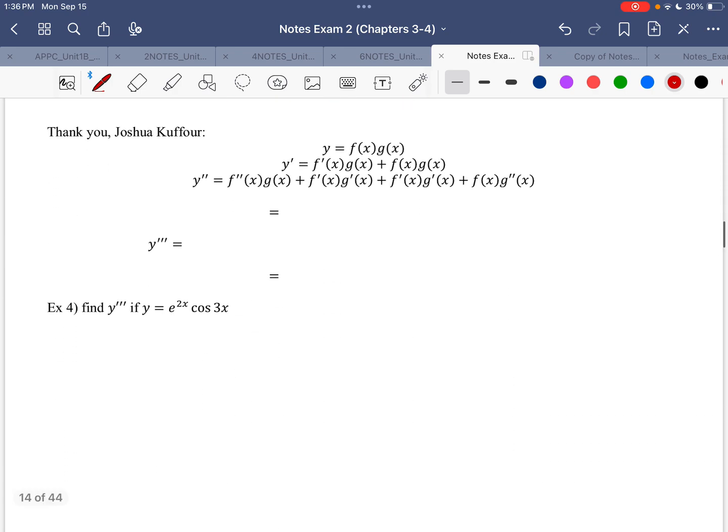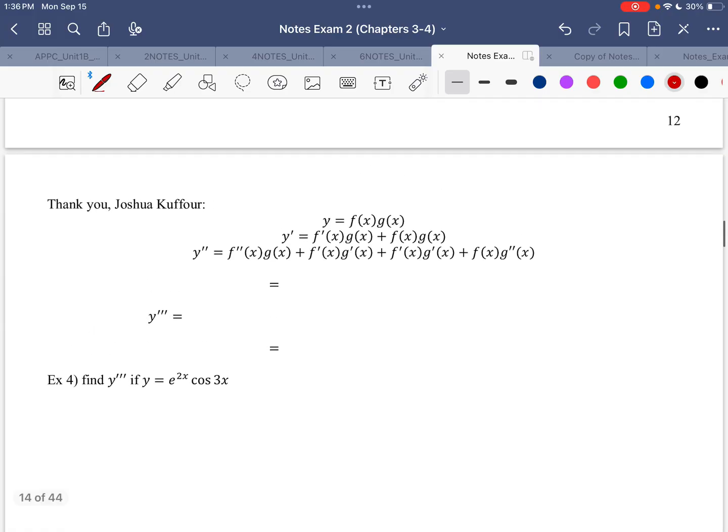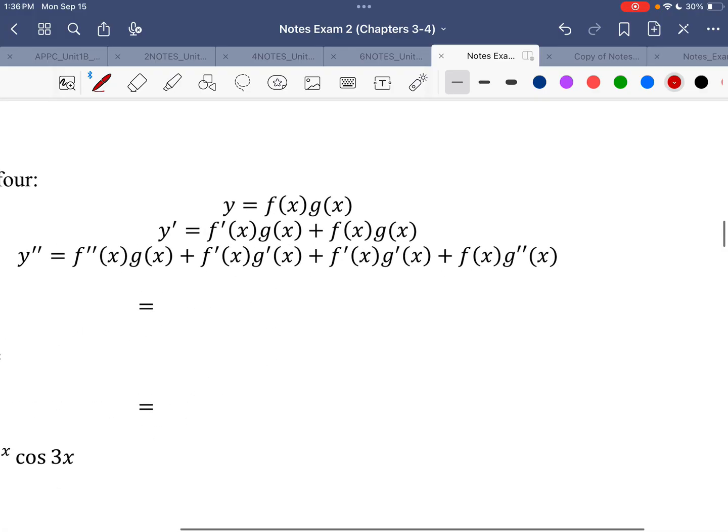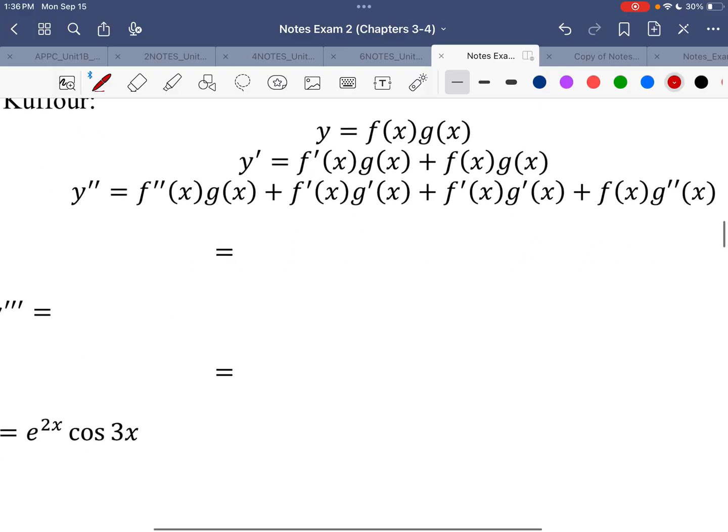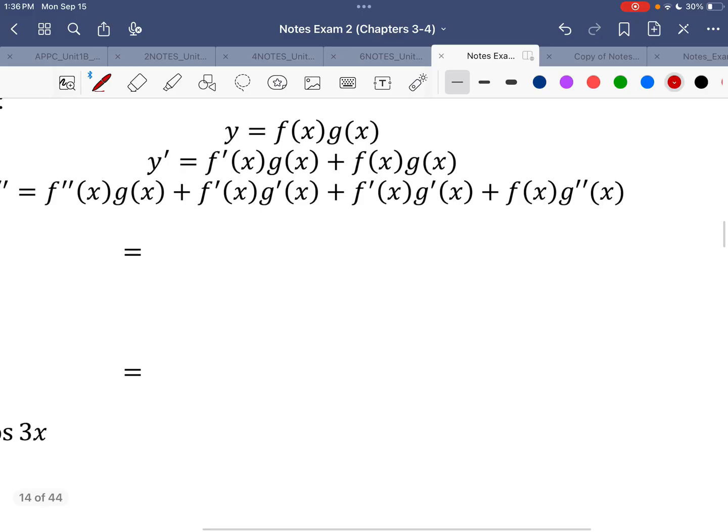me just explaining a little life hack for multiple levels of differential equation, and it's using Pascal's triangle. If you notice, if we have y equals f times g, then y prime would be f prime g plus f g prime. So it's like 1, 1.